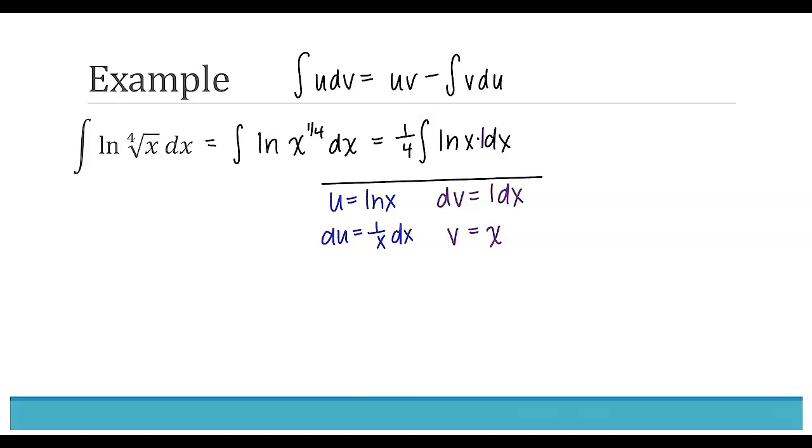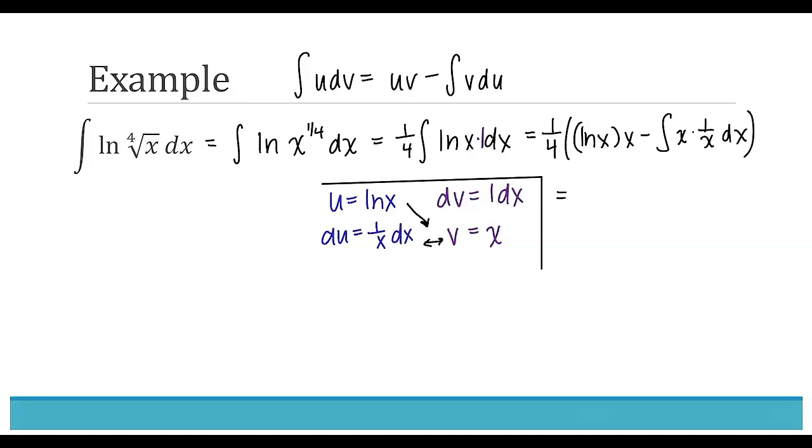I can apply my integration by parts formula. I don't want to forget the 1/4 in front, so I have 1/4. I have u times v, so I have natural log of x times x minus the integral of v du. So x times 1 over x dx.